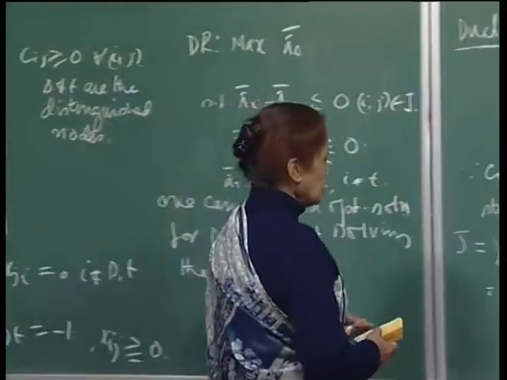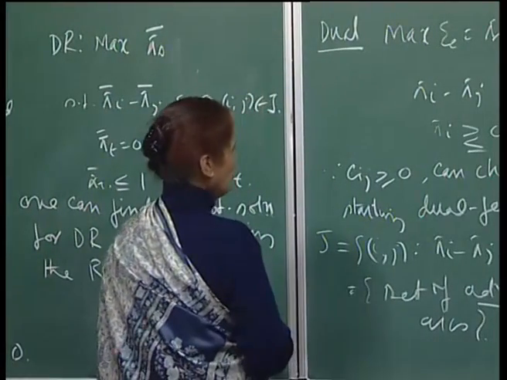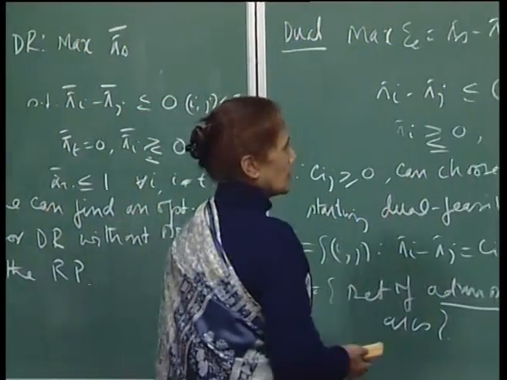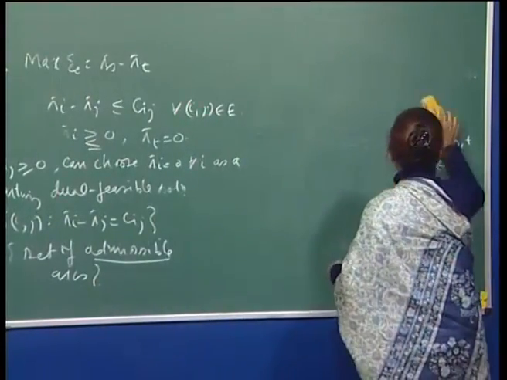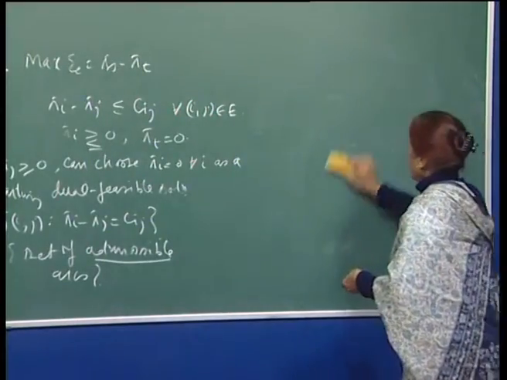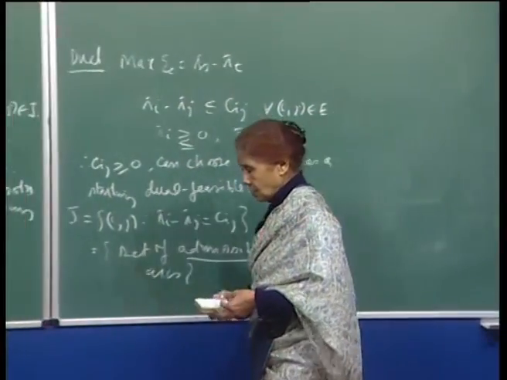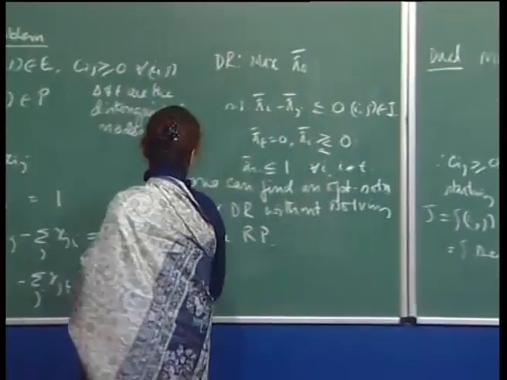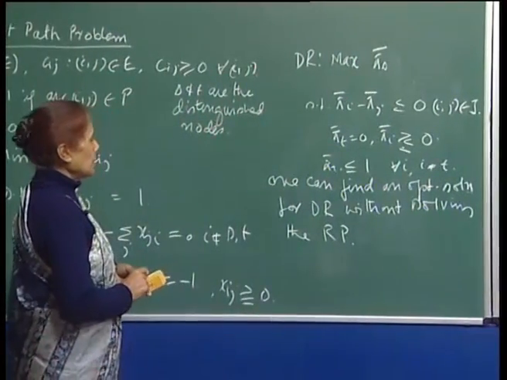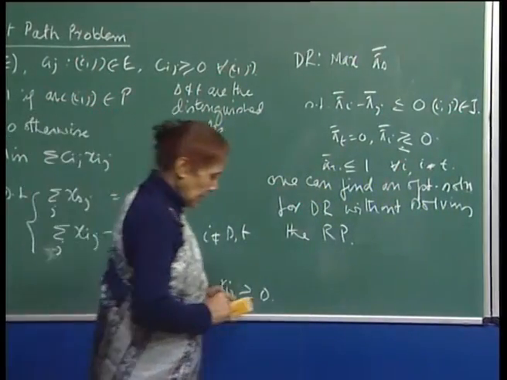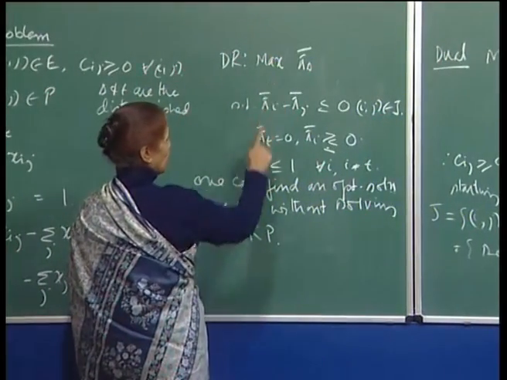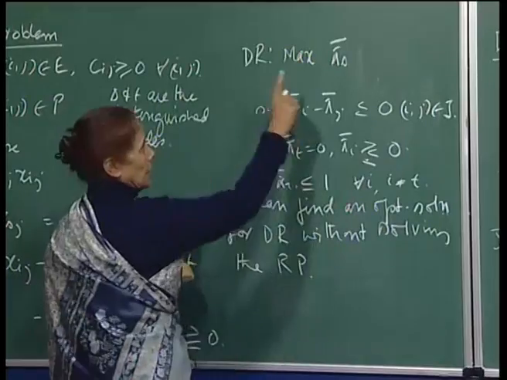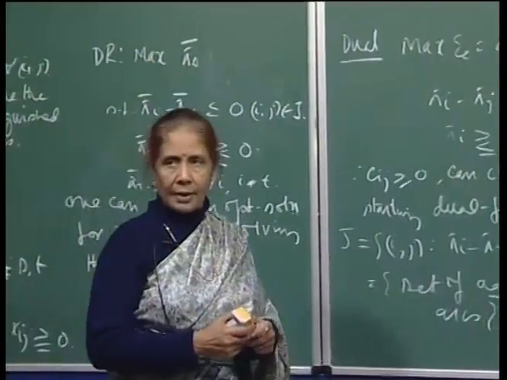Okay, I will write it here, because I need this dual construction also. So let us see, one can find an optimal solution for the restricted dual without solving the RP. The idea is, all restricted dual variables have to be less than or equal to 1, so the max value can be only 1.